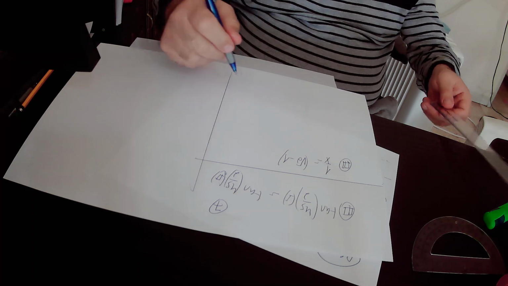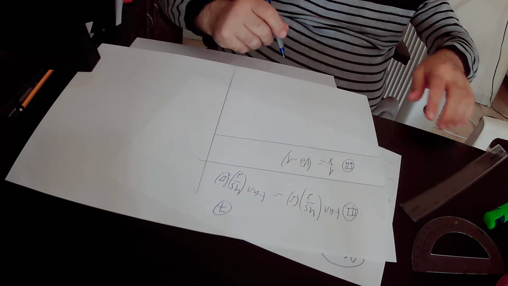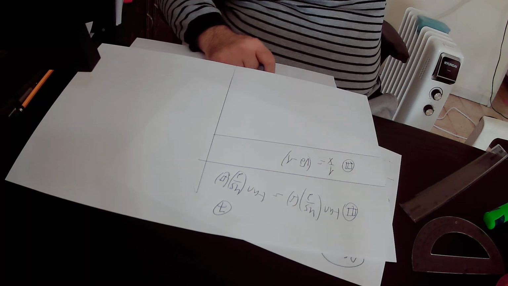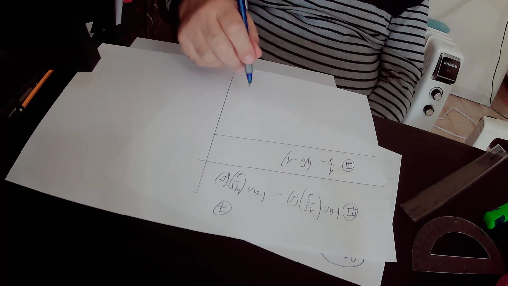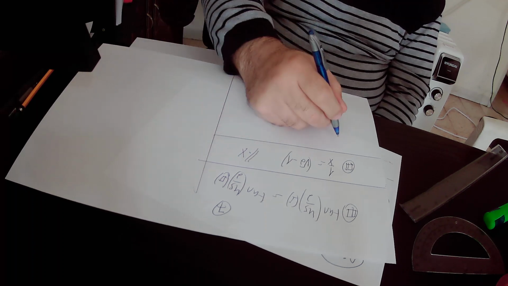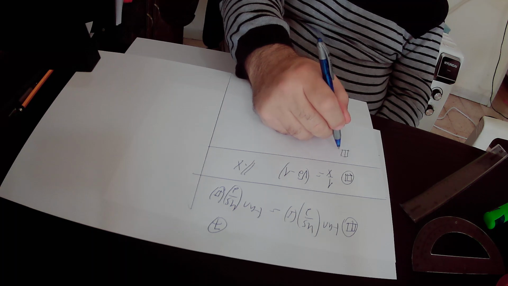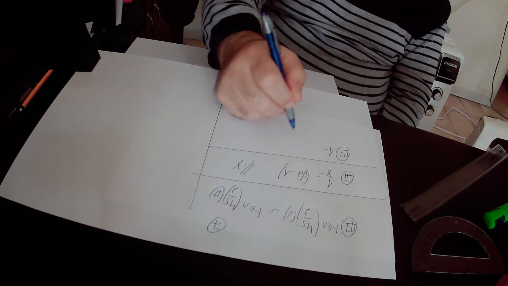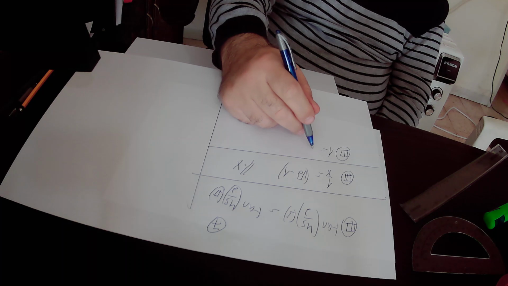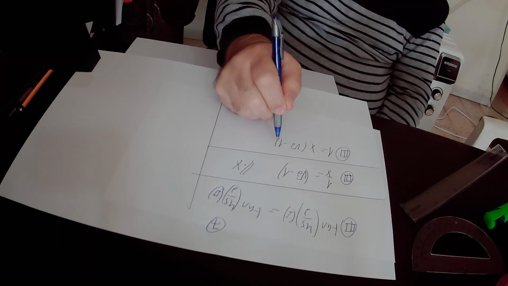In conclusion, we found out that according to equation number 3, 1 over x equals the square root of 2 minus 1. Here we'll multiply this equation number 3 by x, and we'll get that 1 equals x times the square root of 2 minus 1.